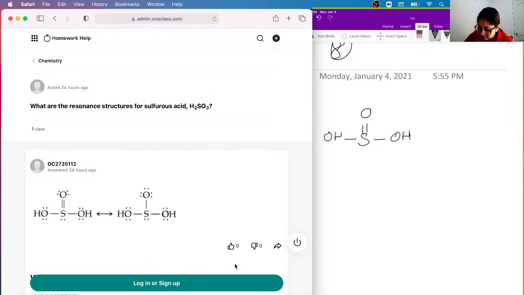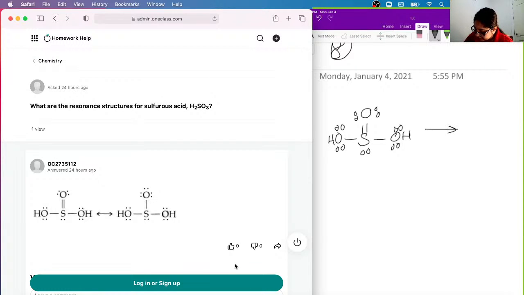OH, H. In this case, this oxygen has two, and sulfur would have two.